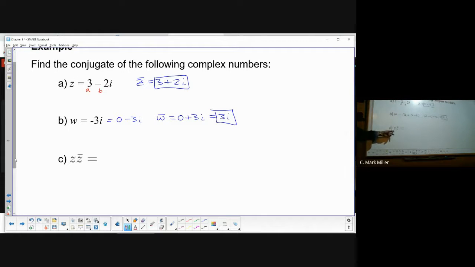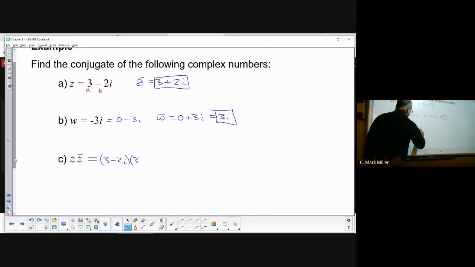Now, z times z bar. We're going to use this z here. Z times z bar is 3 minus 2i times 3 plus 2i. We're multiplying a complex number by its conjugate, so the cross terms cancel.